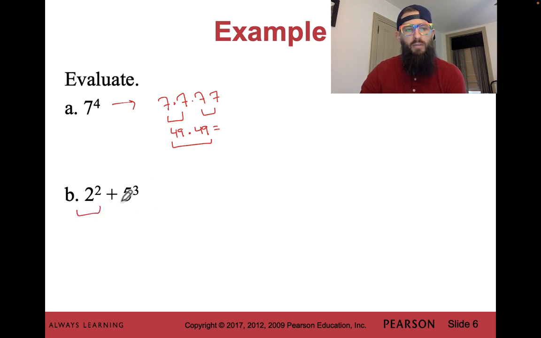Now here when we have 2 to the 2nd plus 5 to the 3rd, let's do 2 to the 2nd first, which is 2 times 2, which is equal to 4. And then we have 5 to the 3rd, which we've already discussed, which is equal to 125. So 4 plus 125 is equal to 129.